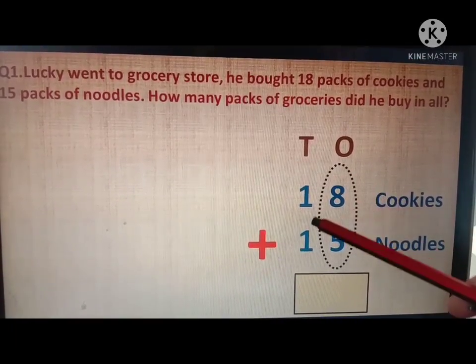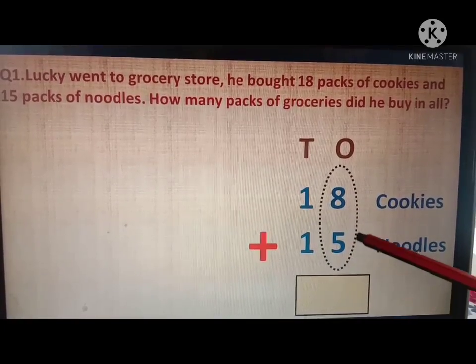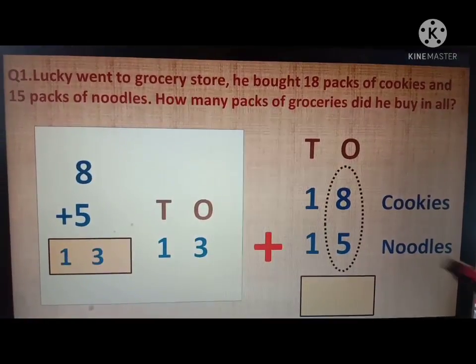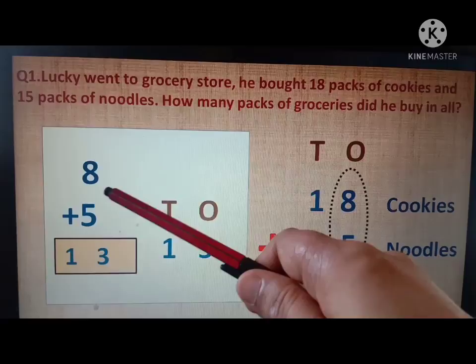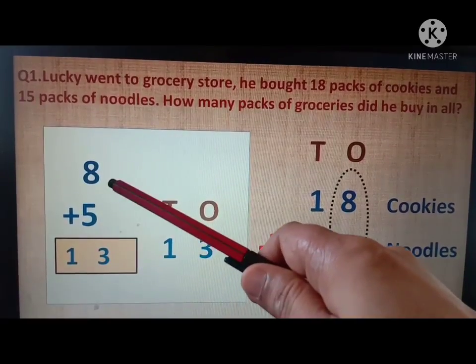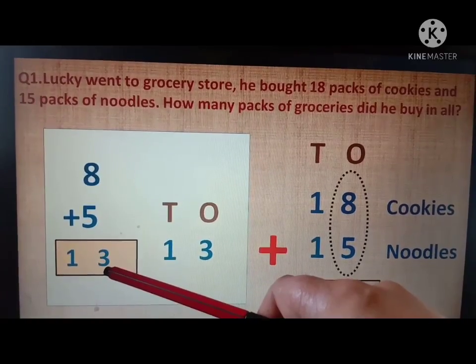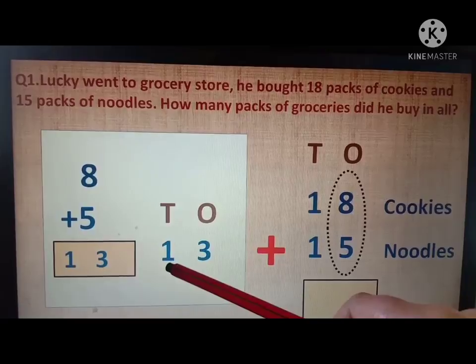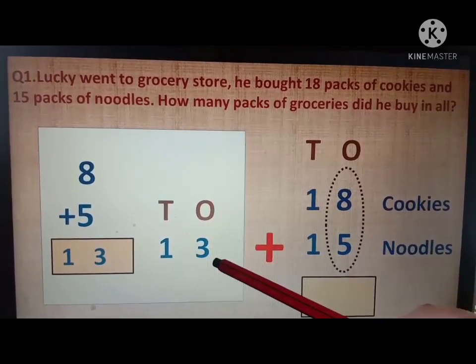So the first step is to add all the digits that are given under ones place. So here you can see 8 plus 5, when we add 8 with 5 we will get answer 13. And in the 13 you can see 1 tens and 3 ones.